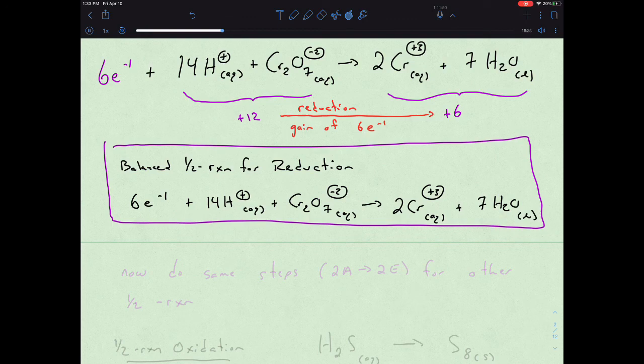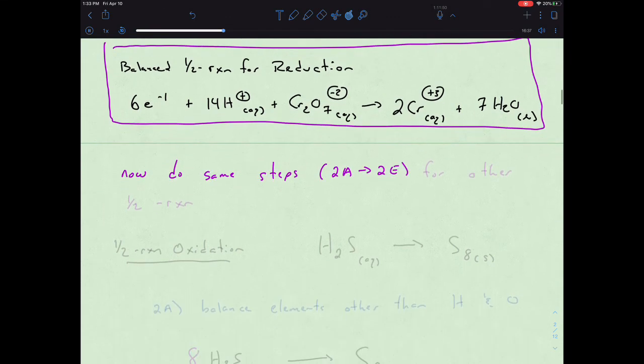Now we want to do the same steps, 2A through 2E, for the other half reaction. So now we're looking at that half reaction for oxidation.